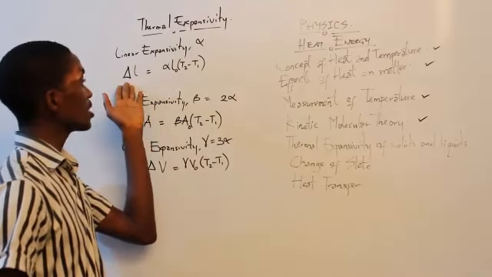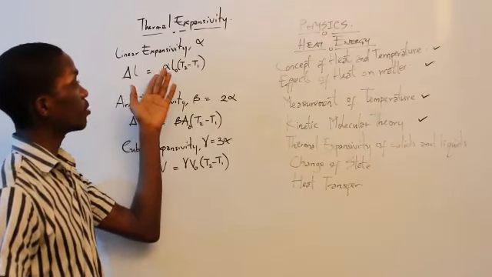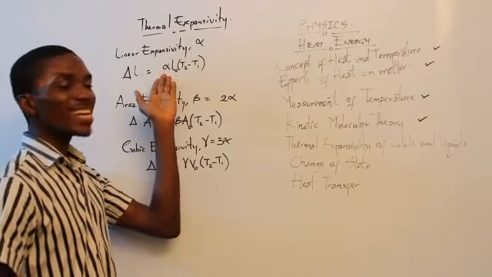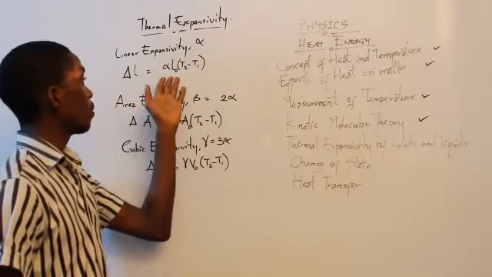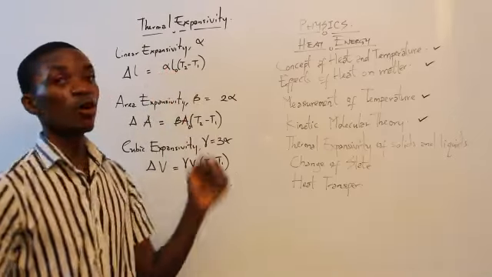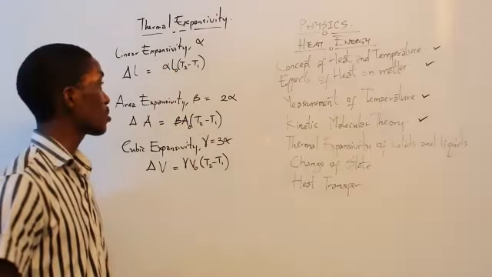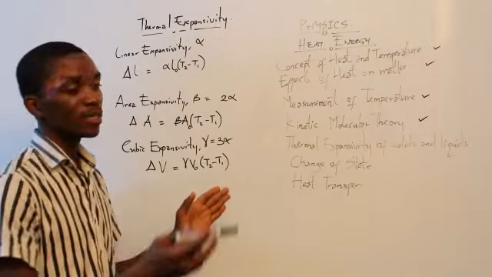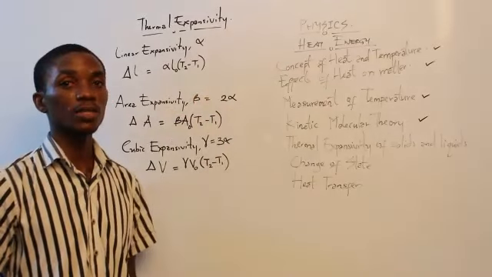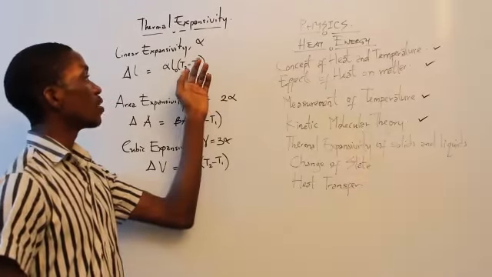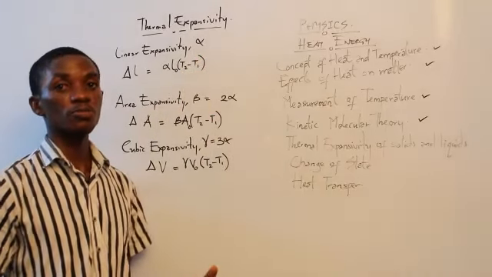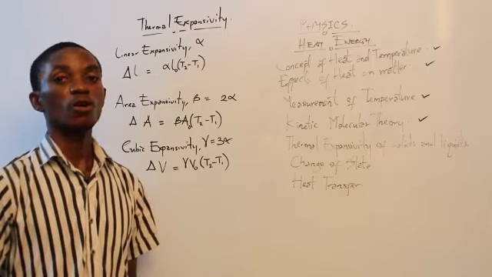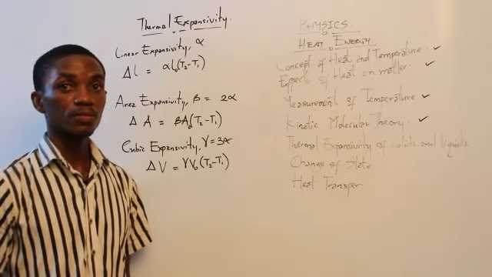Change in length is calculated by the linear expansivity of that particular element or substance multiplied by the original length of the substance, multiplied by the change in temperature, that is the final temperature minus the initial temperature. You subtract before you multiply it with the rest of the items.